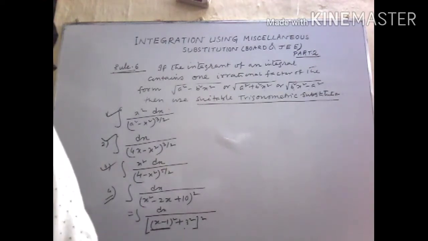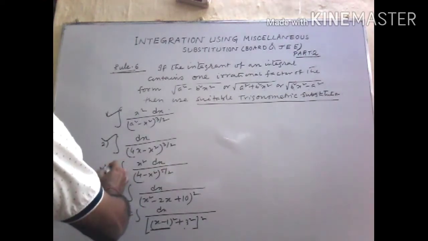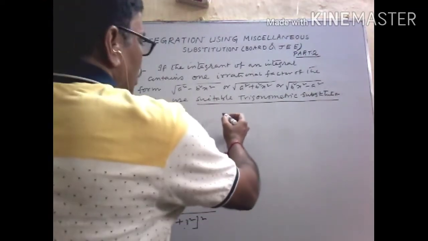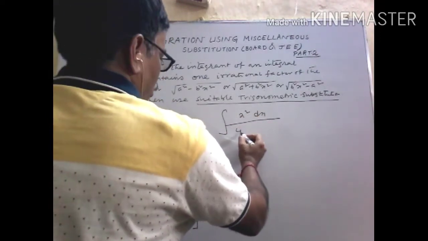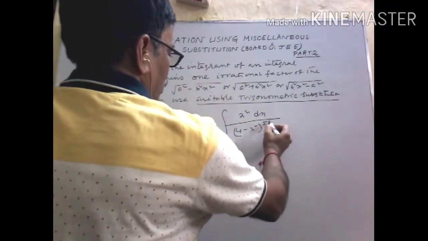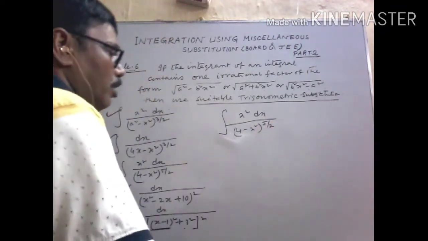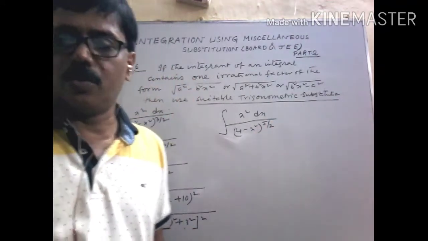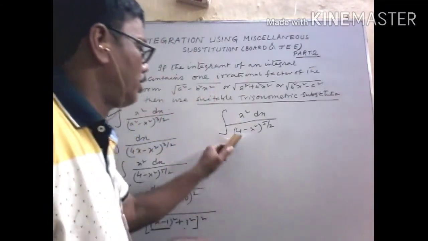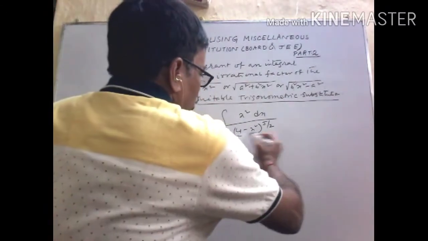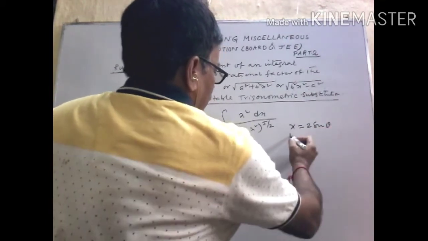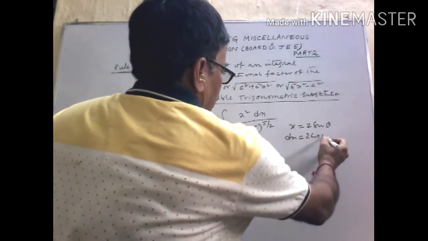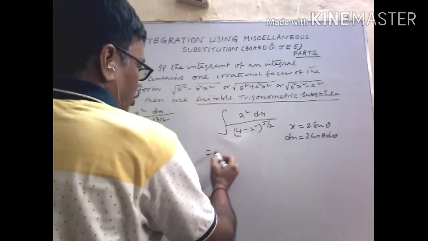Problem number 3 first. Suppose x square dx by 4 minus x square whole to the power 5 by 2. Obviously the trigonometric transformation is in terms of sin theta. So a square is 4, so x equals 2 sin theta, dx equals 2 cos theta d theta.